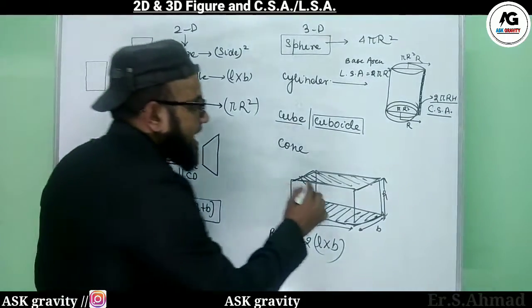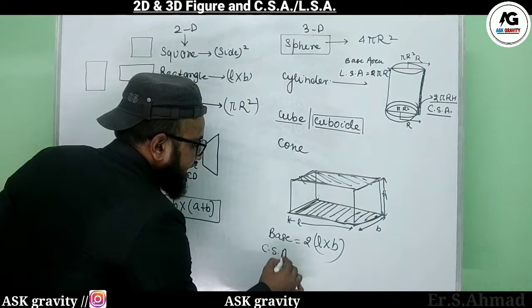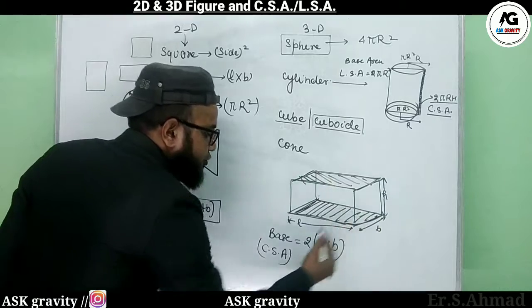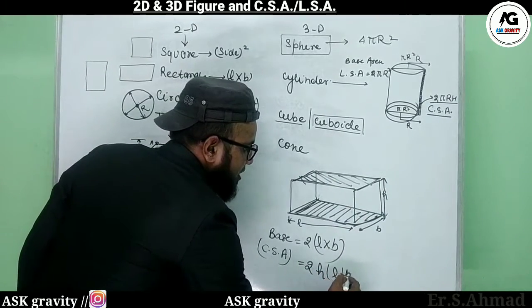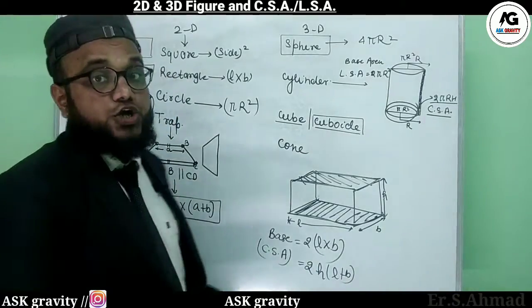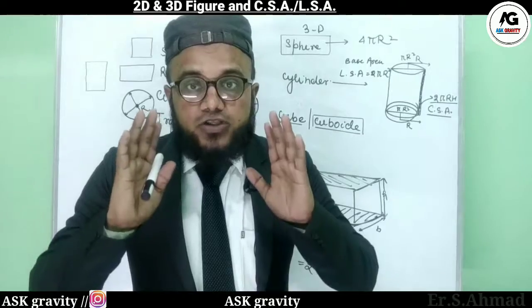But when the question is asking about the curved surface area, that is CSA of the cuboid, we have to use the formula 2 H into L plus B, because we have to find the area of the sides.